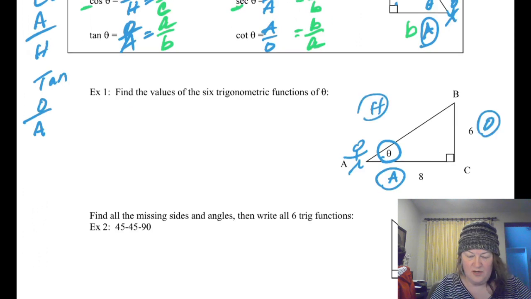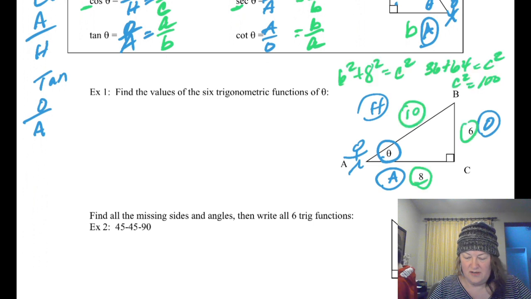But I notice that I am missing a measurement. I've got an 8 here and a 6 here, so I'm going to have to use the Pythagorean theorem to figure out what this side is. Since those are two legs, we're doing 6 squared plus 8 squared equals c squared. That's 36 plus 64 equals c squared, so c squared is 100. That means this side must be the square root of 100, or 10.